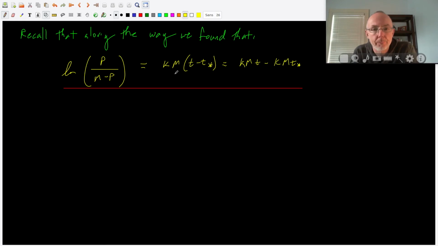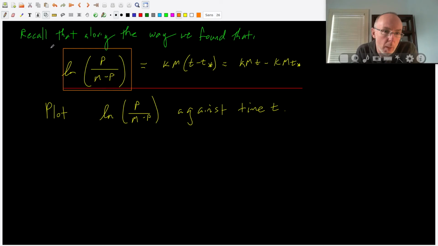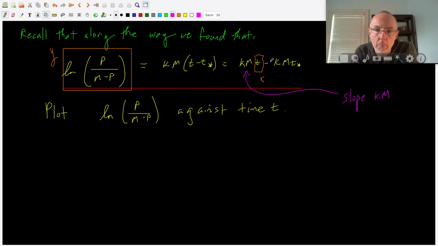So if I think about plotting that log combination on the y-axis against time on the x-axis, then if it actually fits this model, the graph that I look at should have slope km, because there's the variable, and here's the multiple of the variable, which is the slope, and this thing is the y-intercept.